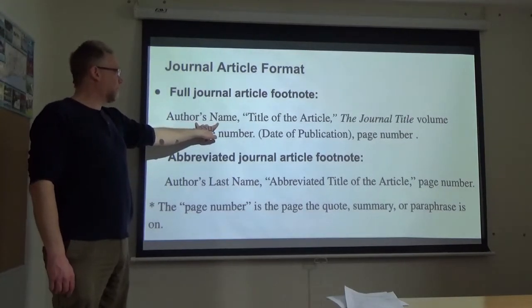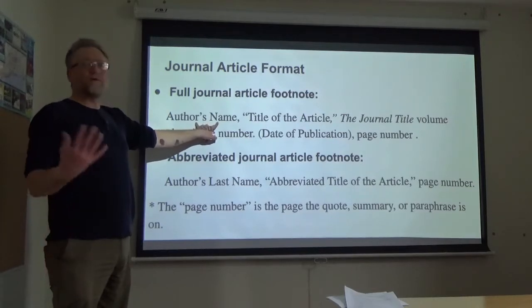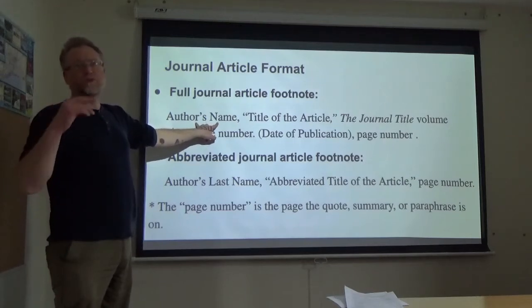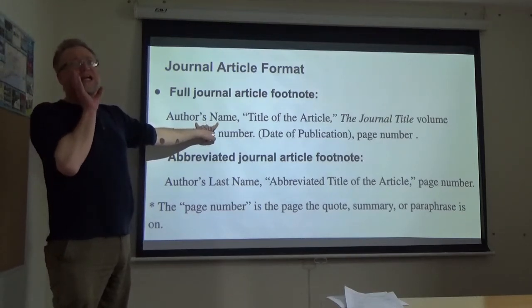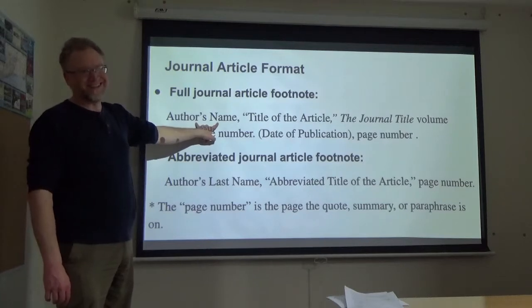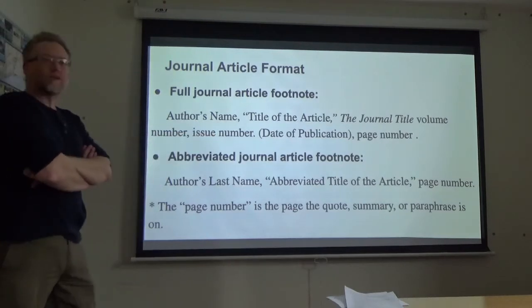The author's name. Okay, now very often there will be more than one author. So if that's the case, what do you do? You go to the guidelines and you find it. And good luck. You're right, Sister Young. There are probably commas, but we don't know.